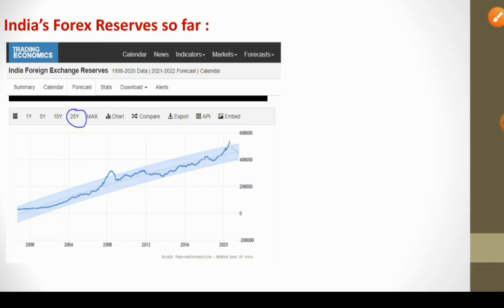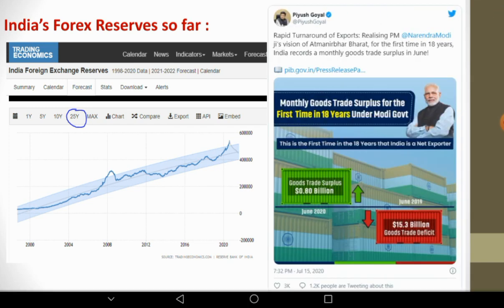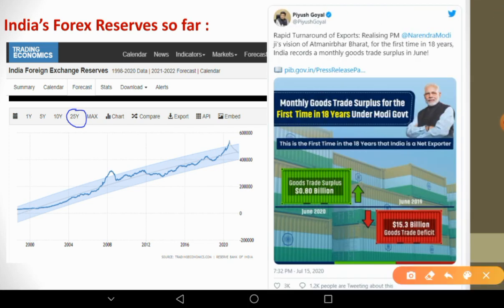Moving forward, again you can see the reason we got a trade surplus in June. This happened after 18 years, and that was a very amazing phenomenon. But that was not extremely good news, as Piyush Goyal is trying to say over here, because our export didn't increase abruptly.